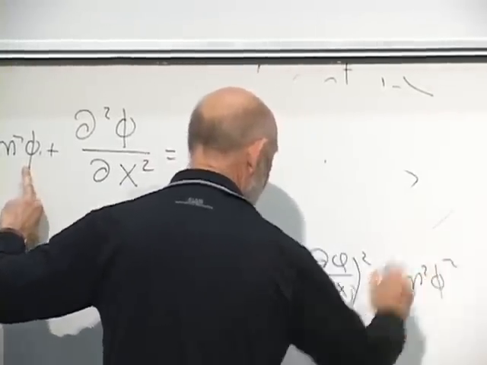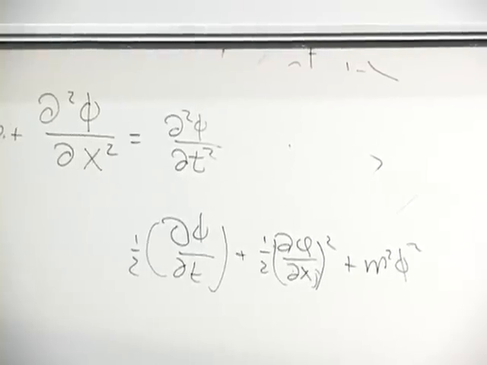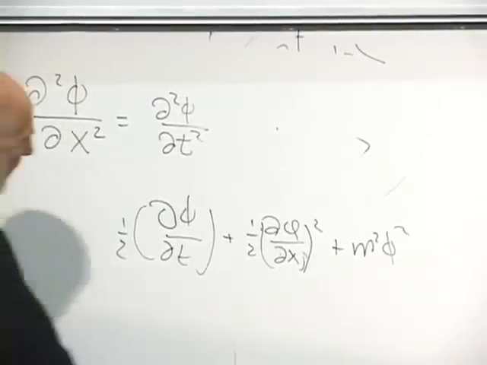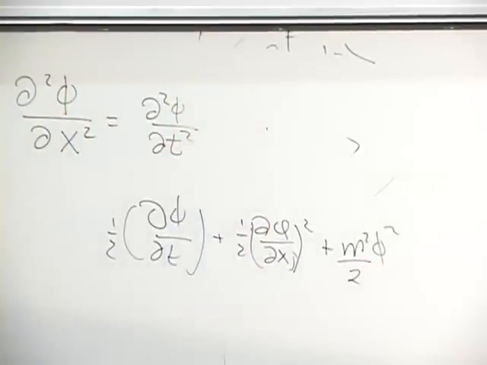Does anybody remember this from last quarter? Wave equations and the mass term, how you put in a mass for a particle in terms of the wave equations, Klein-Gordon equations with mass.